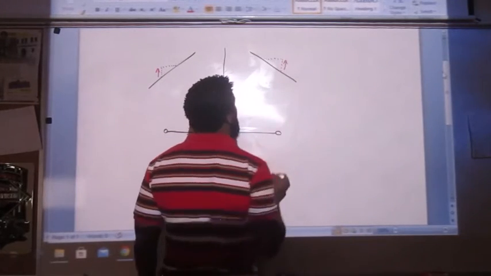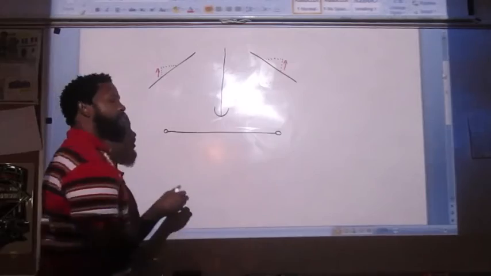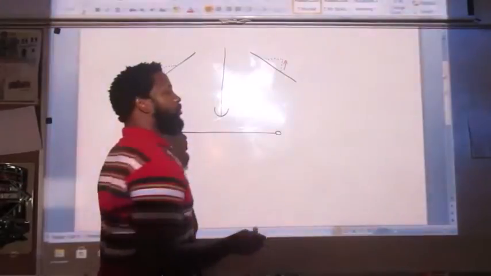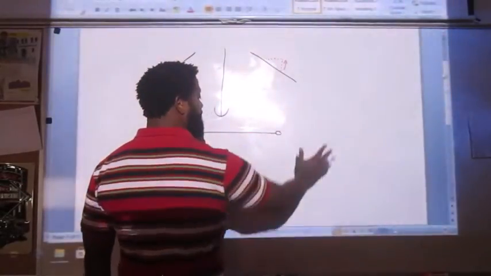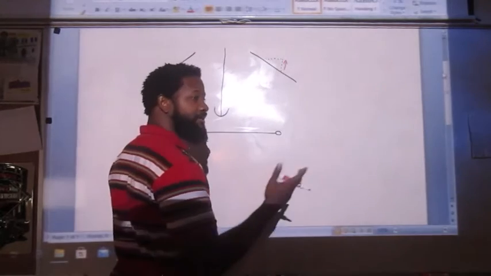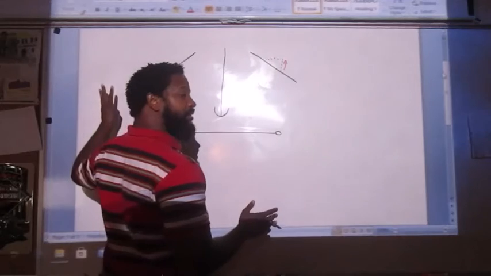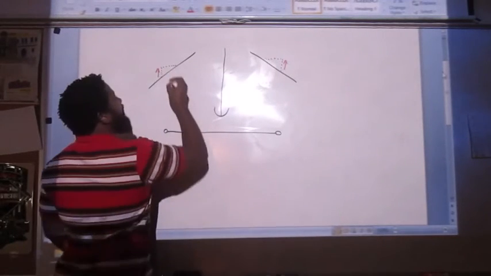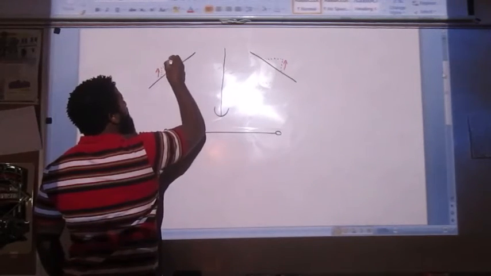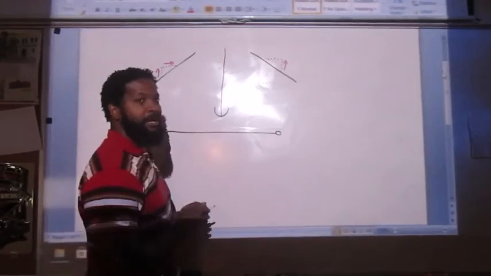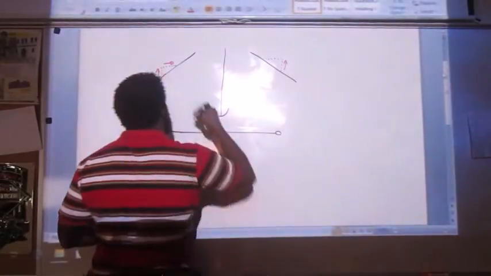You're rising up each and every time. And on a graph, what numbers are on the right-hand side? Positive numbers are on the right-hand side. So therefore, what kind of numbers are on the left-hand side? Negative. So if you're running towards the positive numbers, what kind of slope do you have? A positive slope.